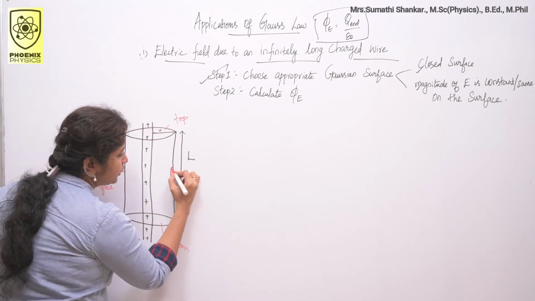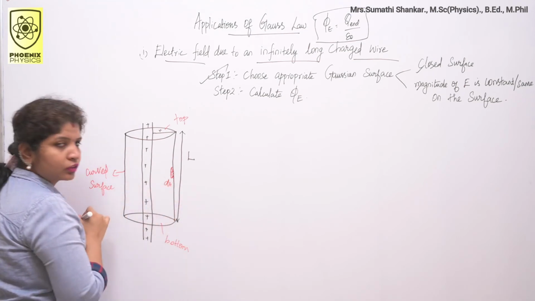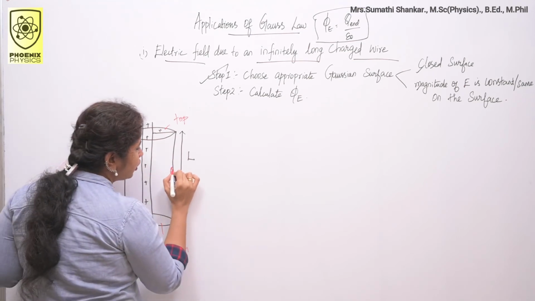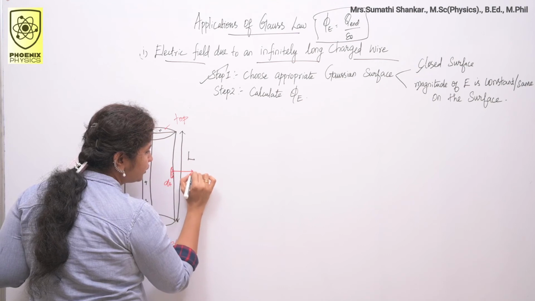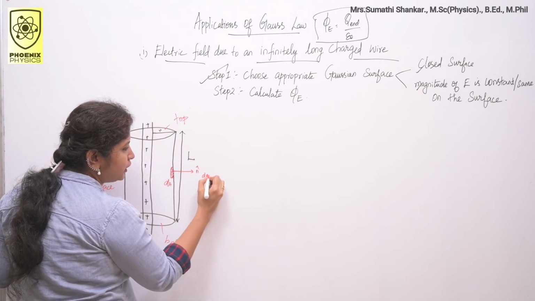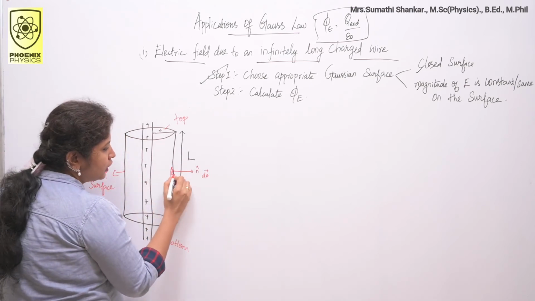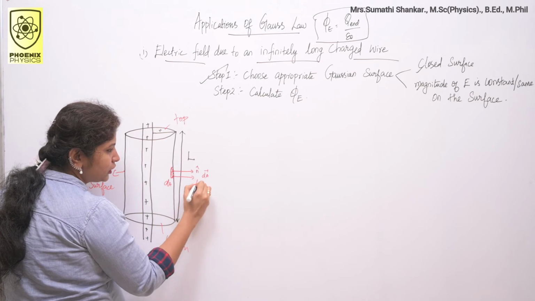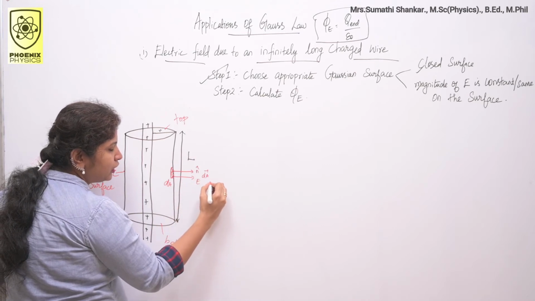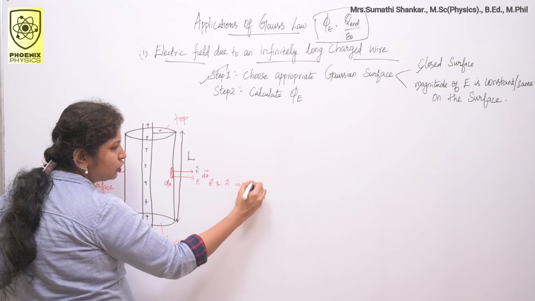Choose one area dA, draw one perpendicular line. This is our n vector. Now dA becomes dA vector, that is area vector. Here you know that E direction is like this. So the angle between E and n cap is 0 degree.